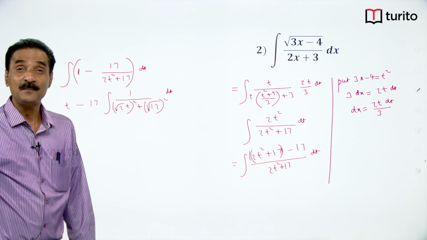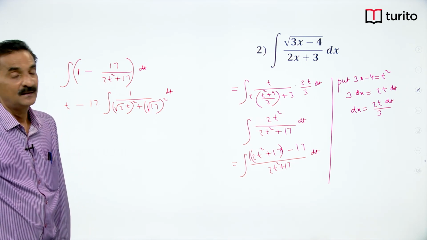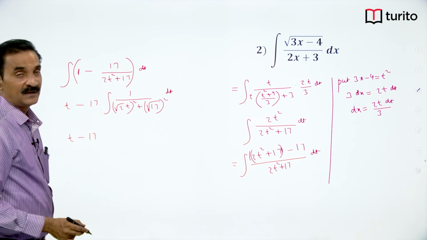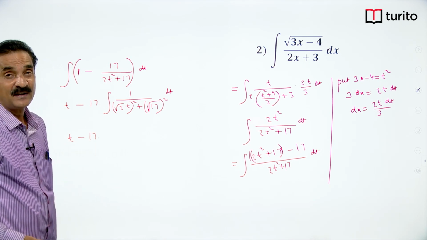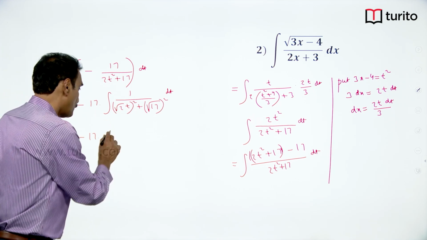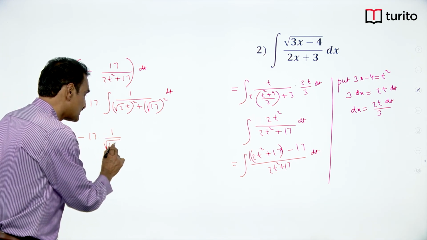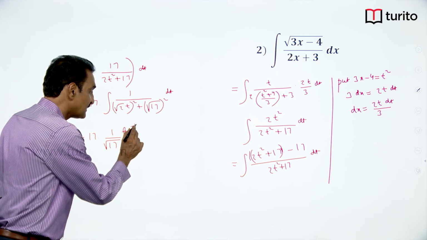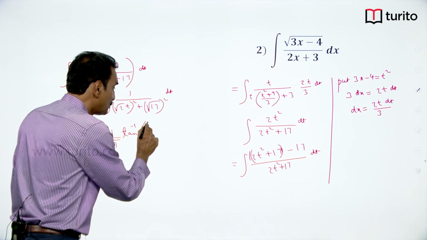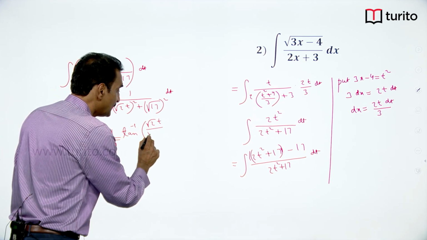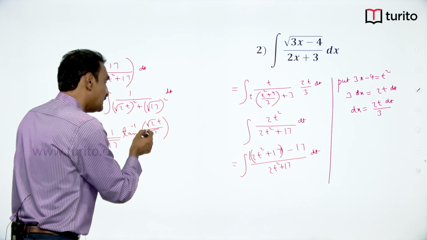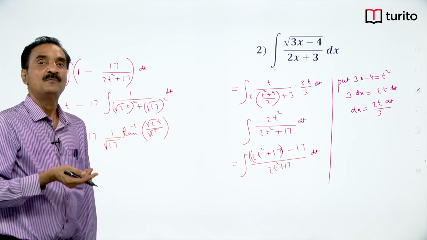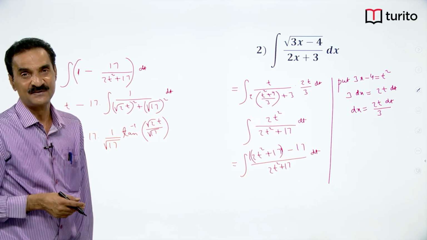Now it is in the form of 1/(x²+a²). What is the integral? Integral 1/(x²+a²) is (1/a) tan⁻¹(x/a). 1/a is √17, tan⁻¹(√2 t/√17). But when we assume some linear term as x, we have to divide by the inner derivative of that x.